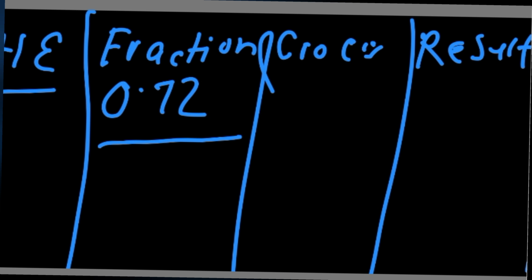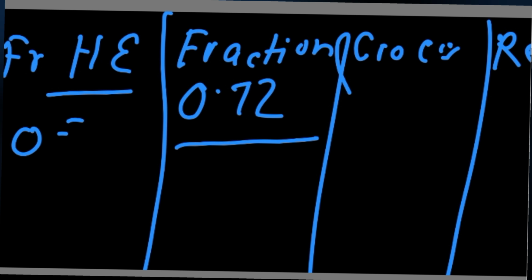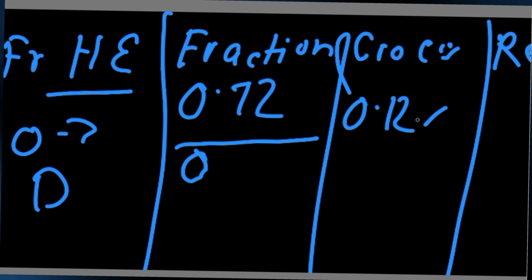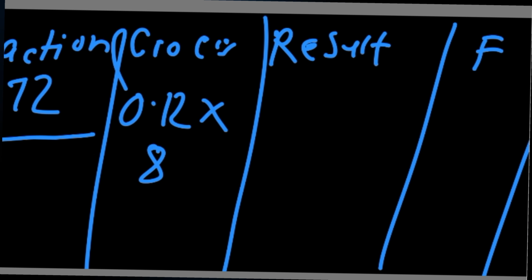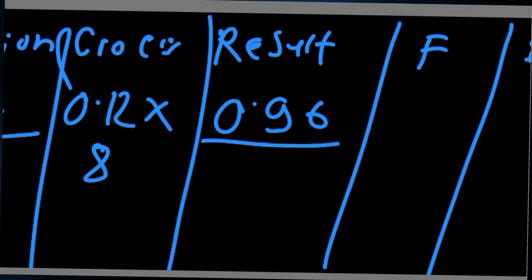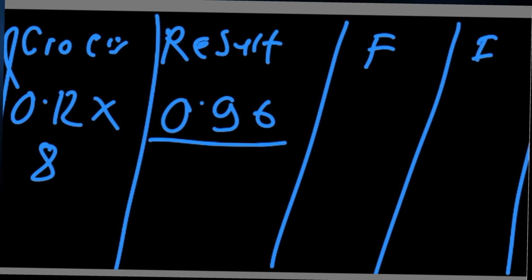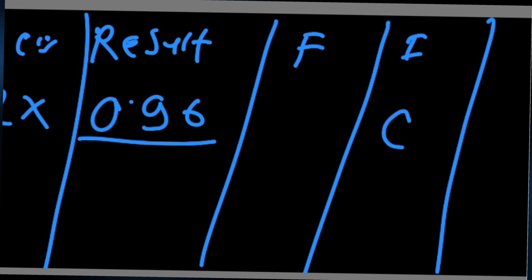How do you convert it? Let's say we are converting into the octal number system. Just like we said, we multiply the fraction part 0.12 with the base number, which is 8, which will give us the result 0.96. Now here we can see there is a fraction, but there is no integer. So if there is no integer, we just say 0.